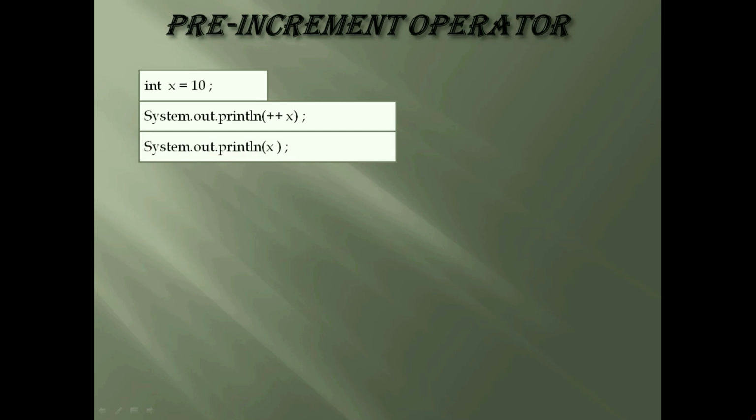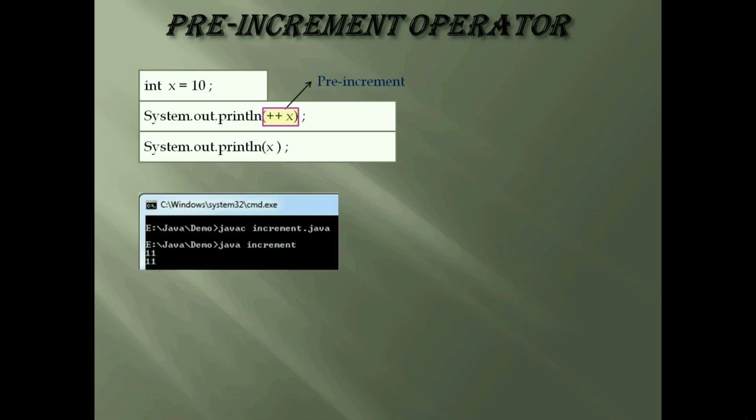But there is something called pre-incrementation, and you can do it like this: ++x. We are writing ++ before the variable x, and what will this do? Simply, it will increase the value of x by 1 first. So in this operation itself, it will increase the value of x first.